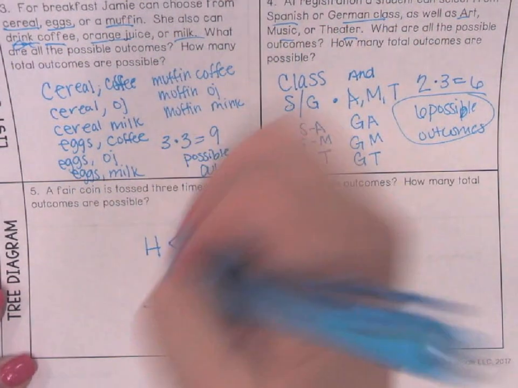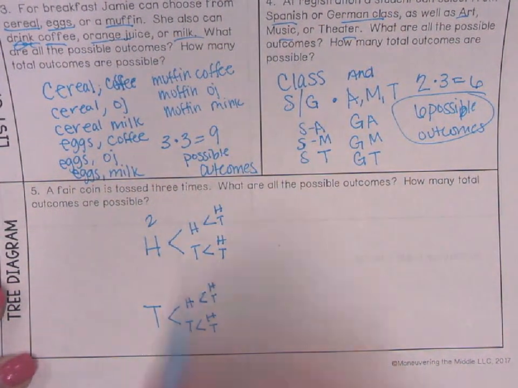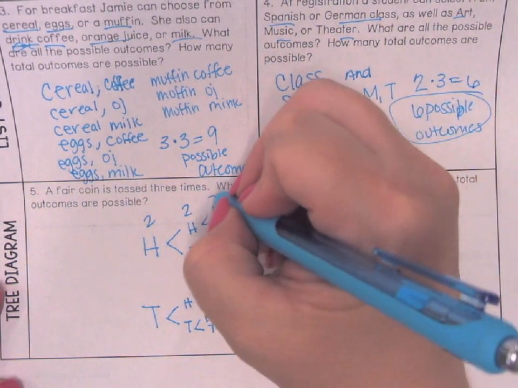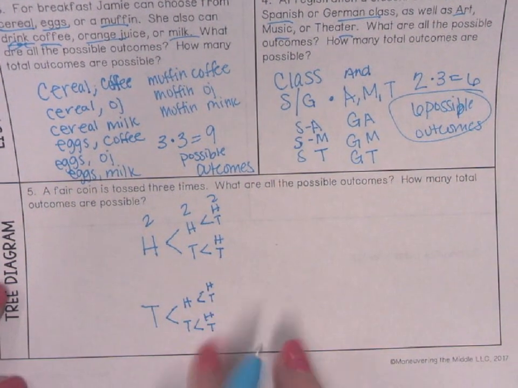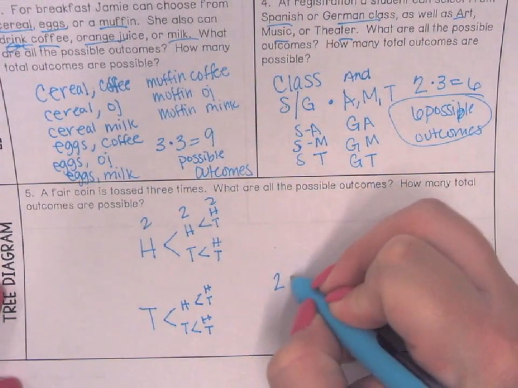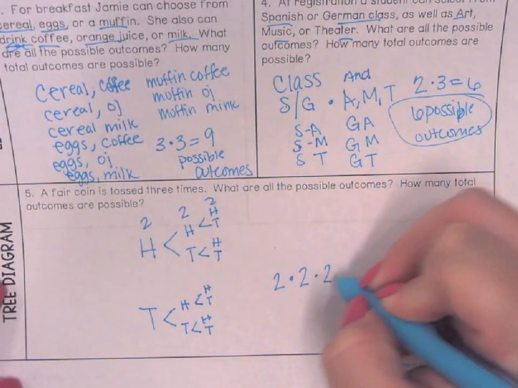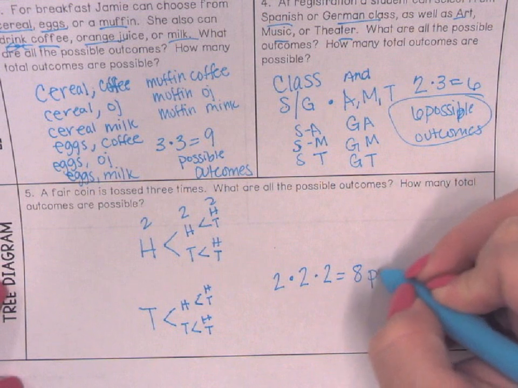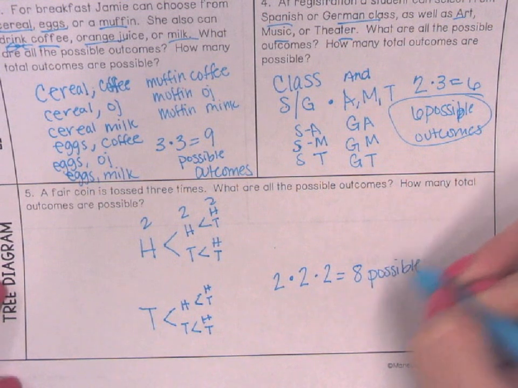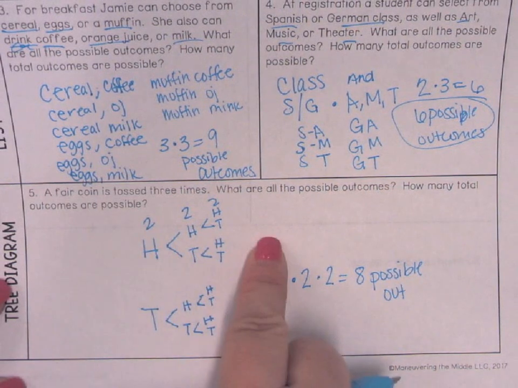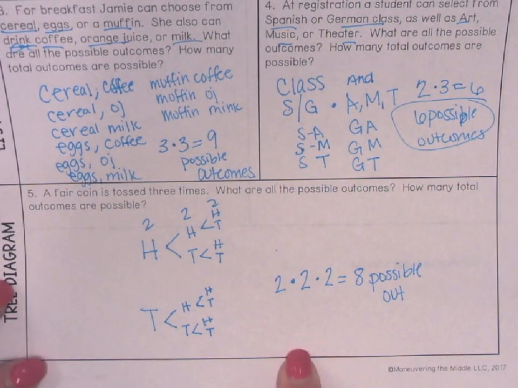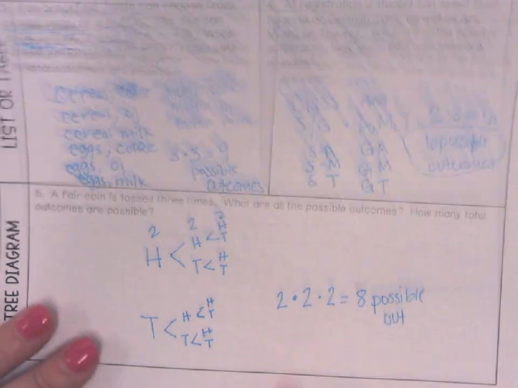Okay, so each one, there are 2 choices here, 2 choices here, 2 choices here, right? Same here, 2, 2, 2. So 2 times 2 times 2 is 8 possible outcomes. It's the possibility of outcomes. It's not 2 times 2 times 2 times 2 times 2 times 2. It's only the first amount of choices.